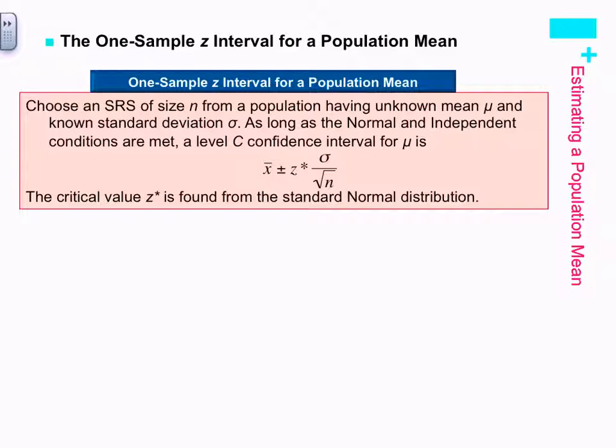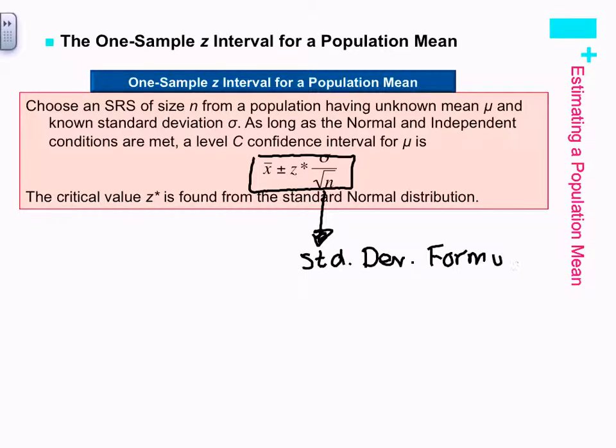So you will see that we'll use the same formula that we have in the past. The difference here is going to be this is now your standard deviation formula. Okay, this is for a sample mean, not a sample proportion, so of course that changes.